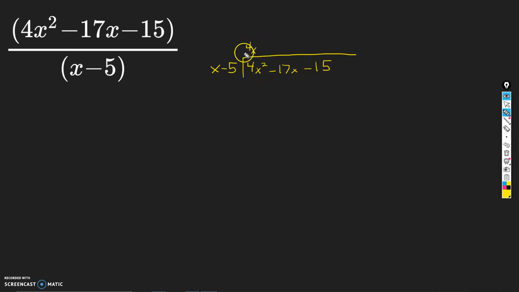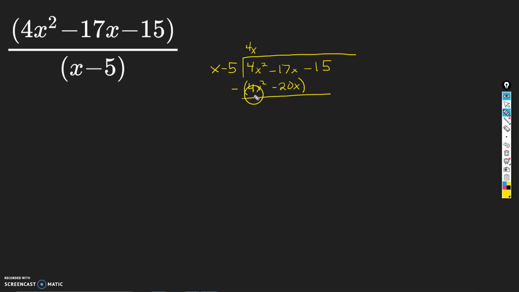Now we multiply this by both terms here. So now 4x times x is 4x squared. 4x times negative 5 is negative 20x. And now we're going to subtract. My suggestion is to put parentheses around this when you're subtracting.